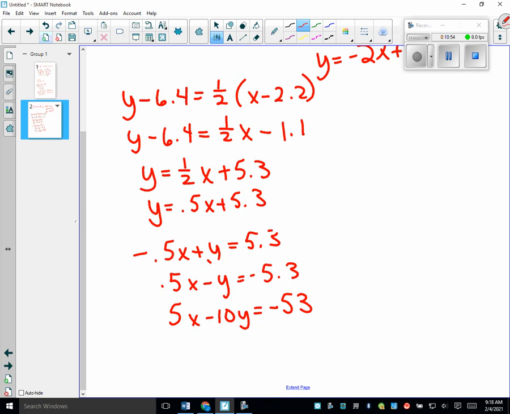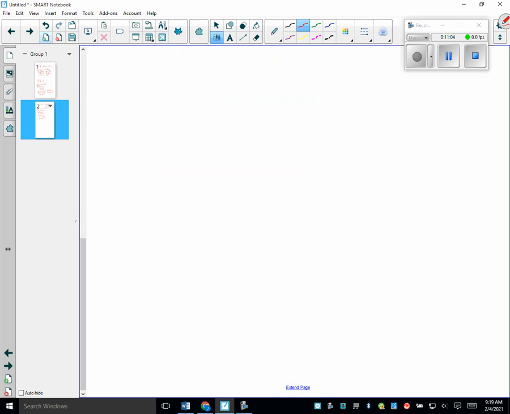All right, can I give you a hard one now? Hard problem? Sure. This time, I pass through the point 8, 6. And it's parallel to the x-axis.